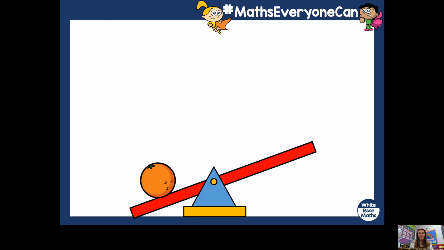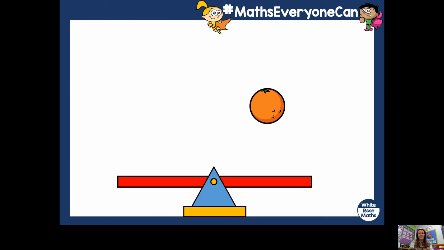What has happened to the balance scale? Yes, the orange is heavy, so it's made the scale tip. So the orange is heavy, so the scale has tipped.